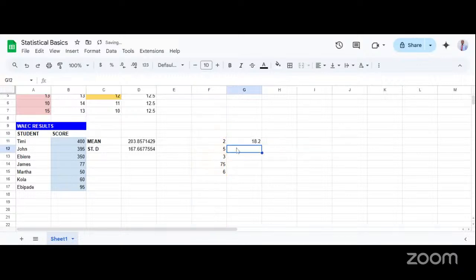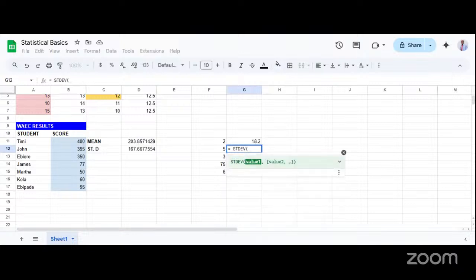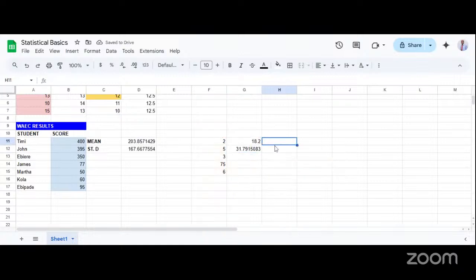We're having 18.5. Then let's do the standard deviation, F11 to F15. The standard deviation is 31.